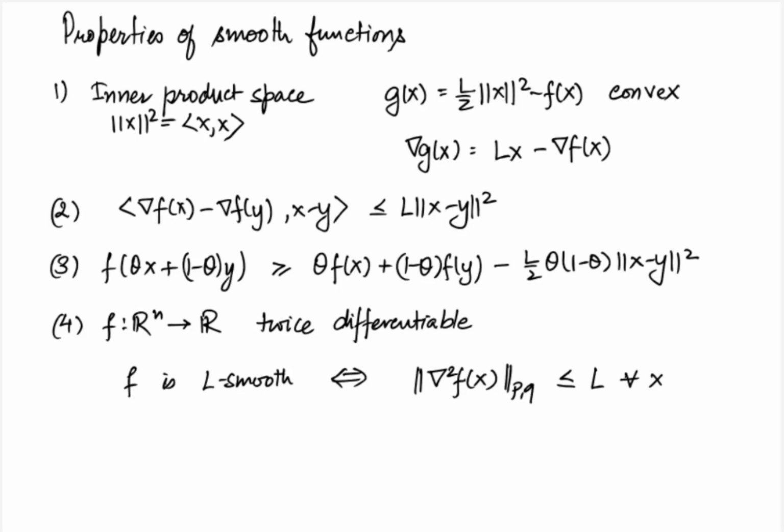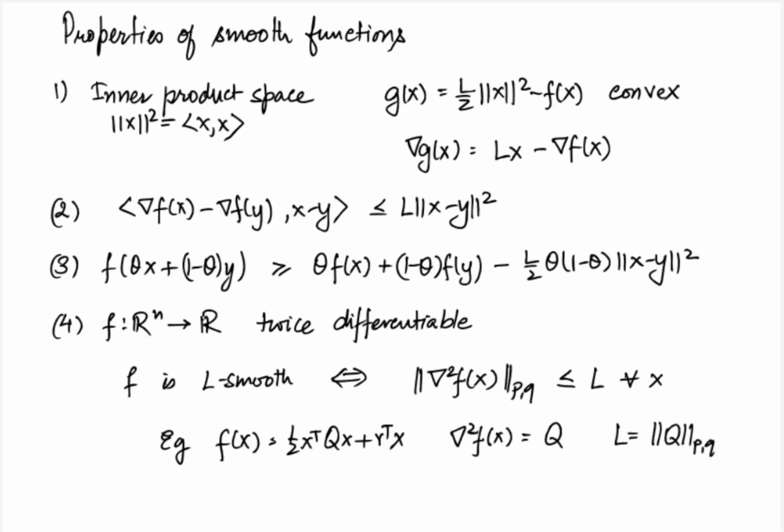We have already seen an example of this property in the context of quadratic functions, where f of x is equal to half x transpose Qx plus r transpose x, for which case you can see that the Hessian is a constant matrix Q and therefore its smoothness coefficient L is equal to the P,Q operator norm of Q.